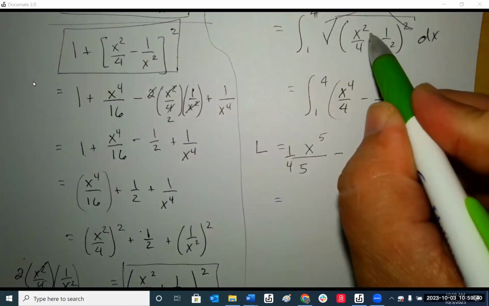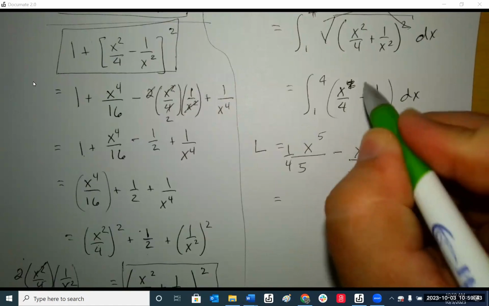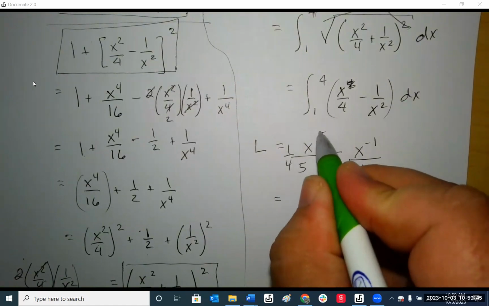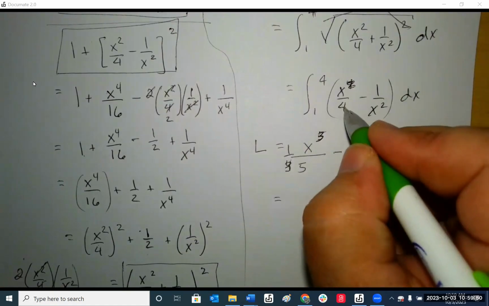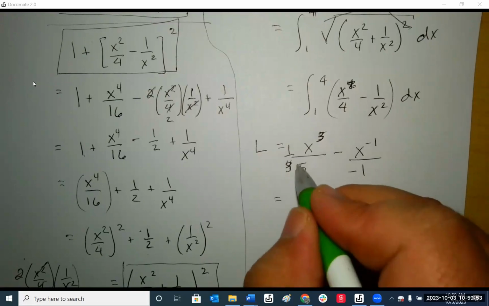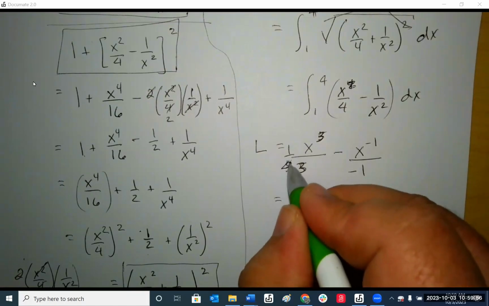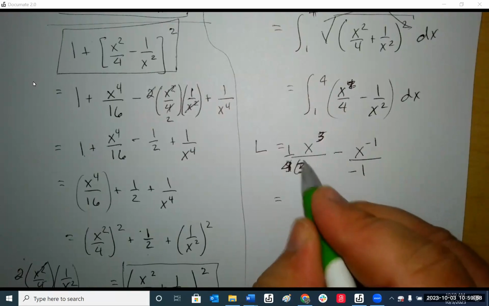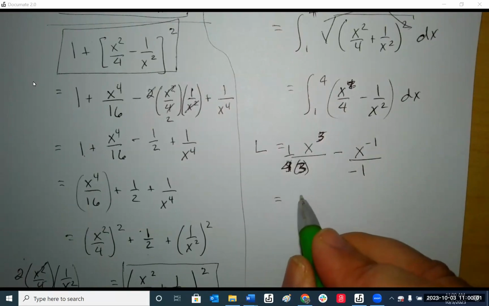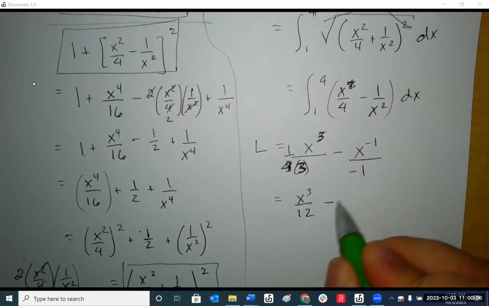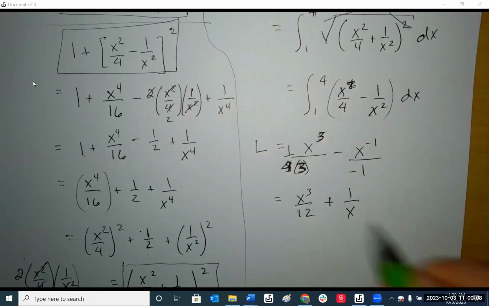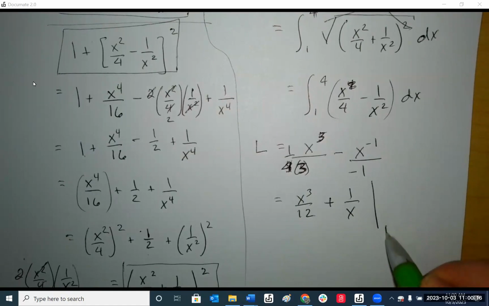Oh, I'm sorry, it's x squared. It's not 5, it's 3. So this first one becomes x to the power 3 over 12 plus 1 over x, from 1 to 4.